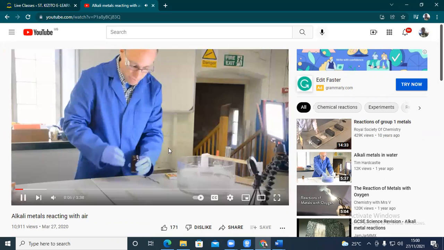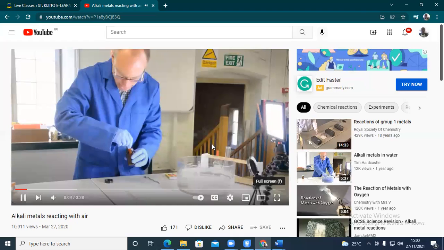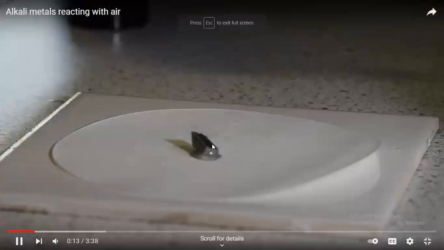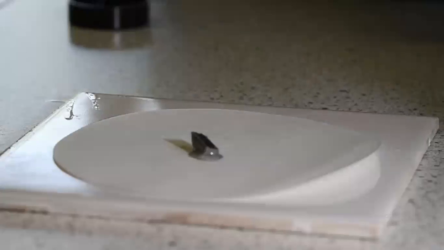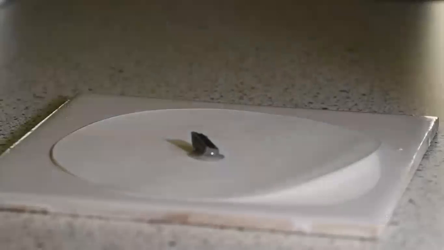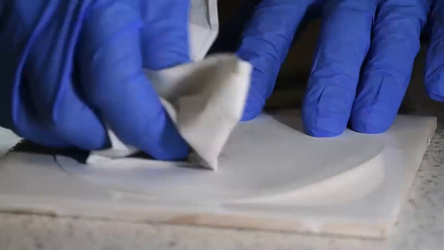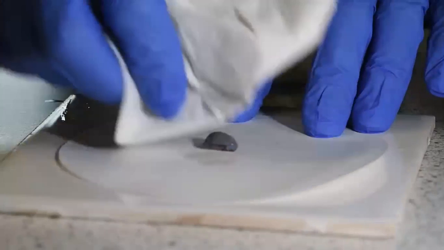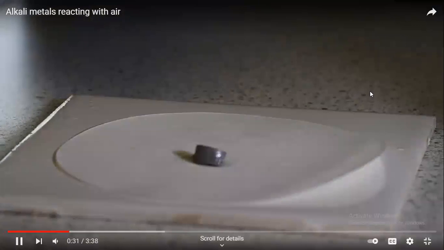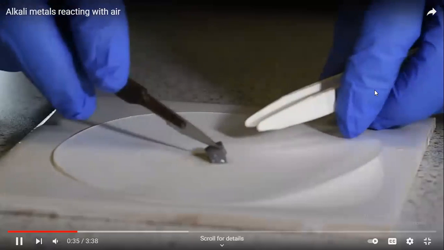So this is the reactivity of alkaline metals. You observe what is happening. They have removed one. So that is lithium. You see the way it is. Kept under oil, they are removing some oil from the surface so that it can react very well. So they are going to cut it with a knife.